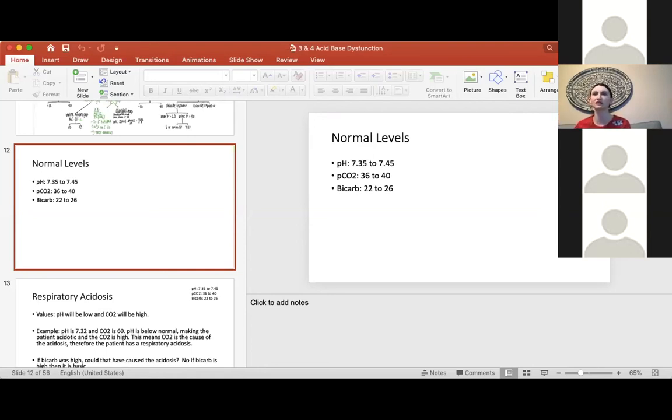Technically you should be calculating the gap. However, their blood sugar's high and they're acidotic, so you'll learn the different types. They're going to have a high anion gap, so you didn't have to do the math.